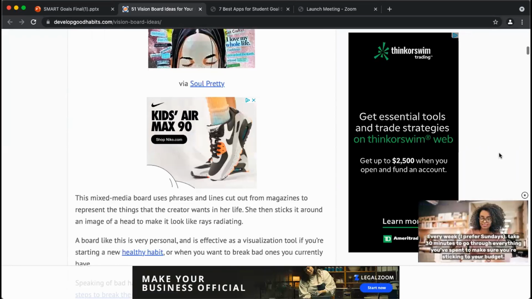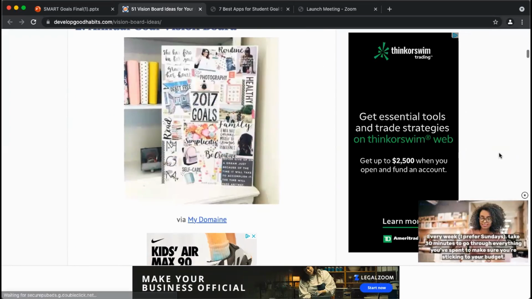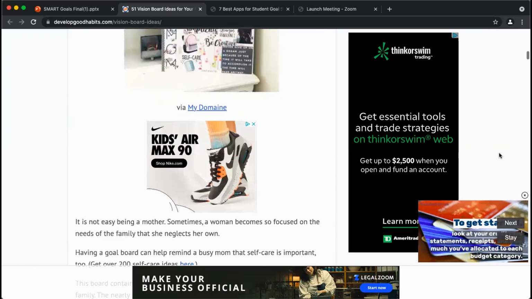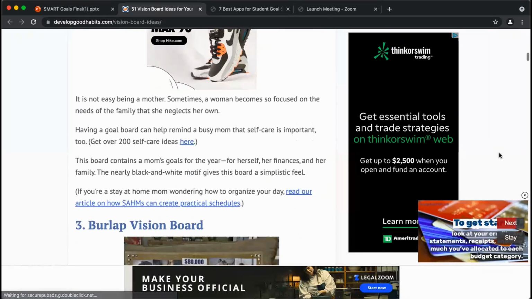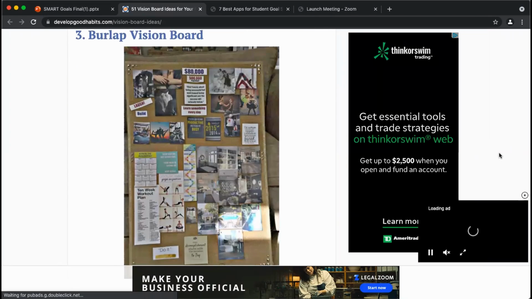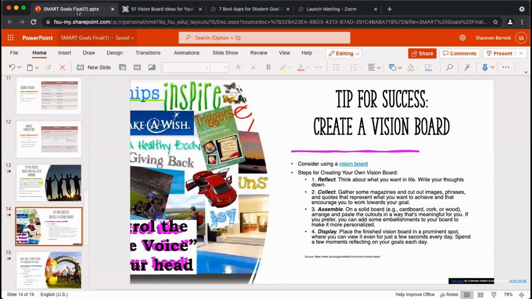This is your chance to be creative, be artistic, really go out there and find those things in the media, magazines, or pictures you print from the internet, quotes that you like that really inspire you. These are just some examples of what a vision board looks like. And in order to create your own, you're going to want to first start by doing some reflection.